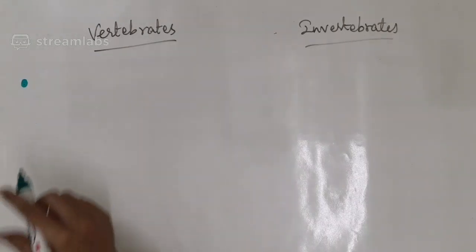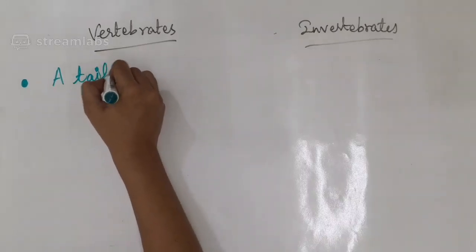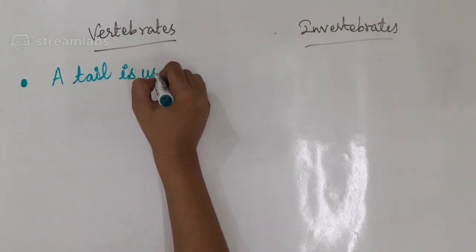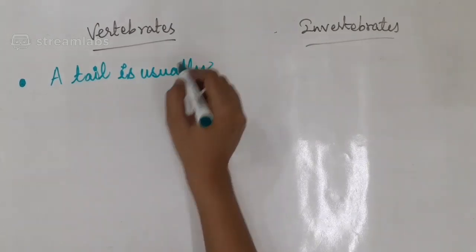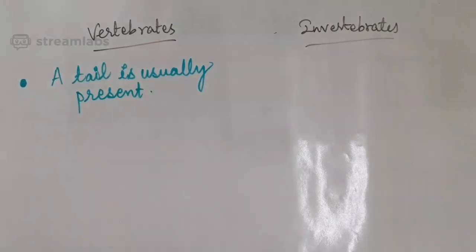Vertebrates, a tail is usually present. As you all know, the spinal cord is divided into 5 groups, starting from the head region or the chest region or the back, like waist region.